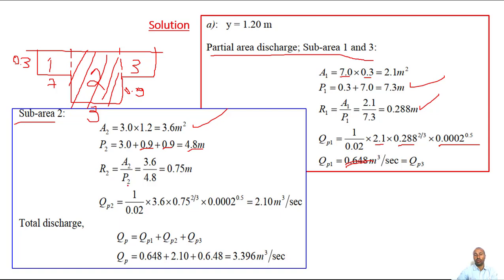Then R2 will be A2 over P2, which is 0.75. Then calculate Q using the Manning equation, 1 over n, A, R to the 2/3, S to the power of half, and you get 2.1 meter cube per second. So the total discharge will be the sum of all sub areas according to the partial area method. You sum up, and you get 3.396 meter cube per second.